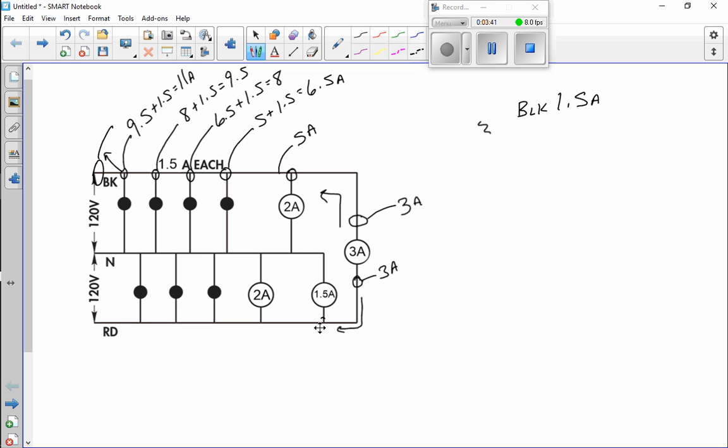Once I cross this junction, it'll be 3 plus 1.5, so that'll be 4.5 amps. Cross this junction, 4.5 plus 2 will be 6.5 amps.